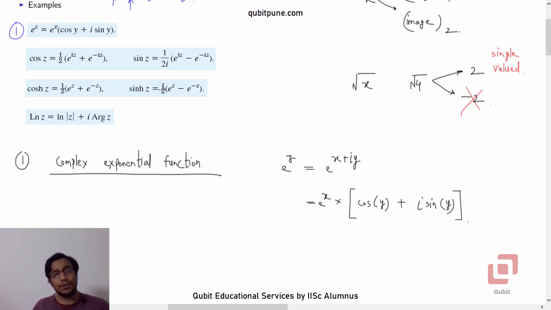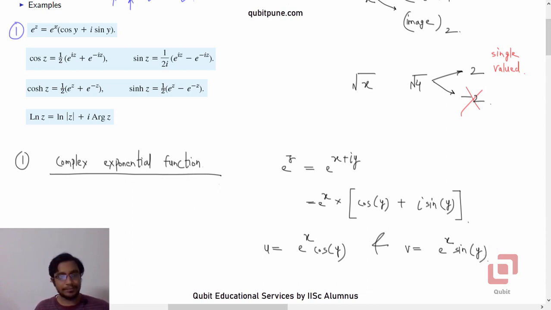So if we were to find the u and v, or the real and the imaginary part of the complex exponential function, then u, the real part, would be e to the power x cos y, and the imaginary part would be e to the power x sin y. A pretty straightforward evaluation.